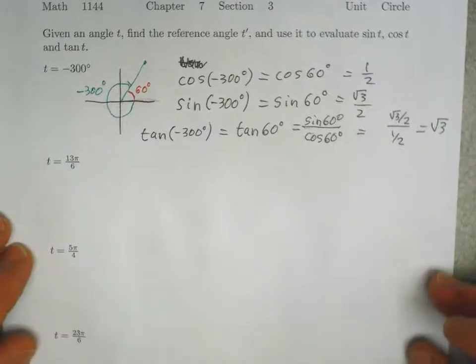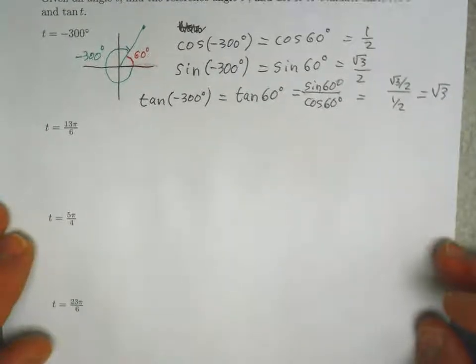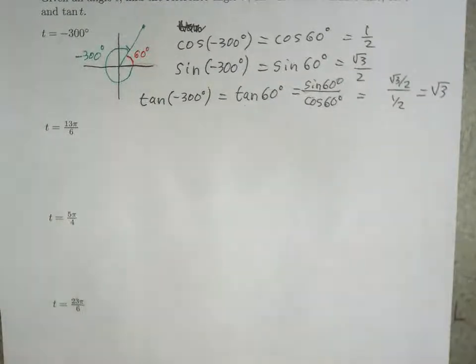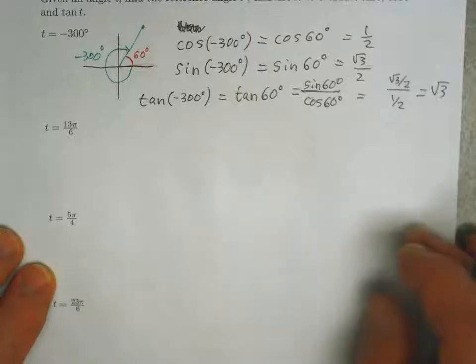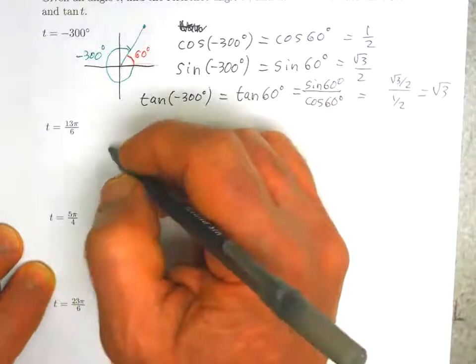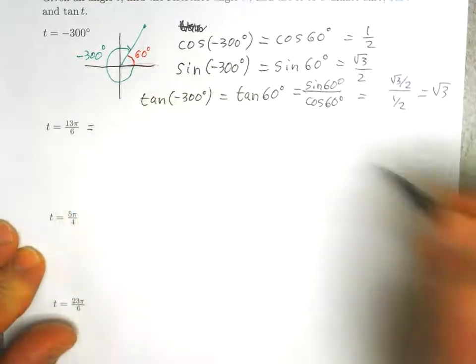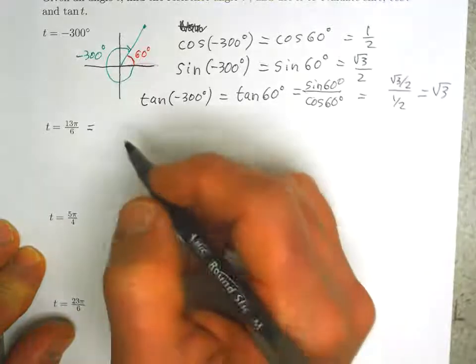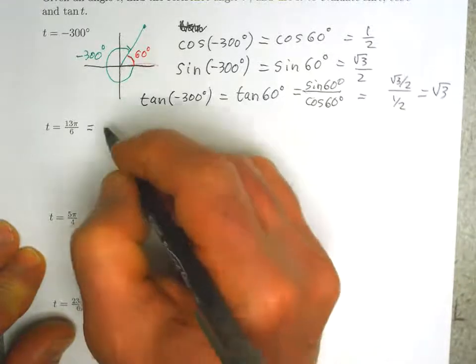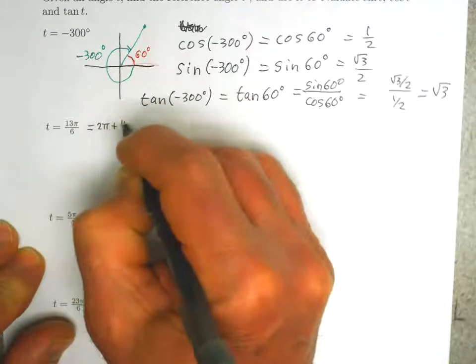Okay, the next example, t is equal to 13 pi over 6. So what's the reference angle on that one? Notice that 13 pi over 6 is equal to 12 pi over 6 plus pi over 6, or 2 pi plus pi over 6.